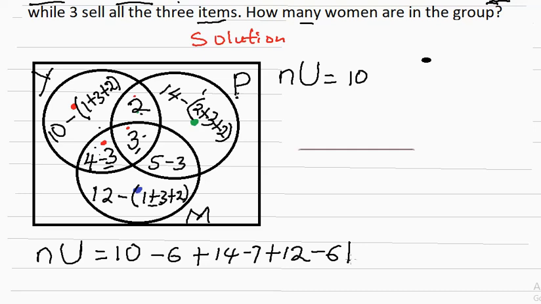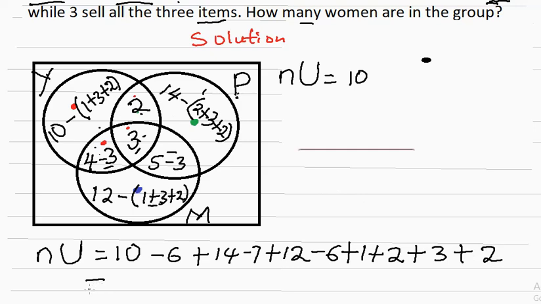Then I now add the intersections, starting with this: 4 minus 3 is 1. Add this one: 5 minus 3 is 2. Add this 3. Add this plus 2.